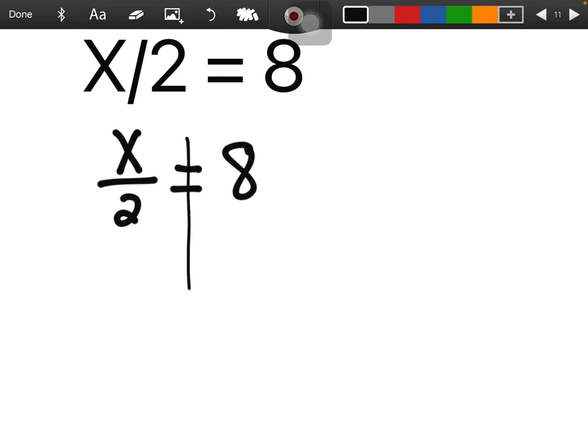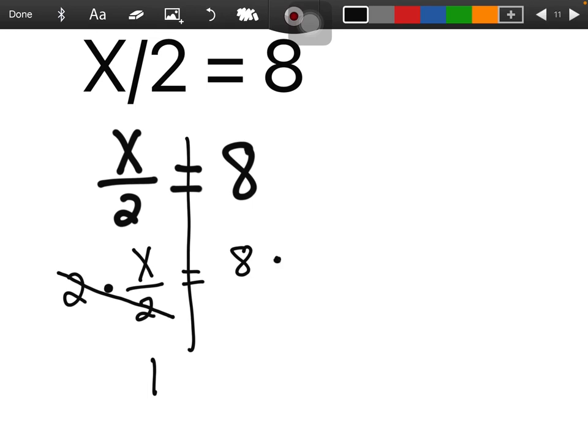So again, draw my line. I've got x over 2. I'm going to multiply by 2. And when I do, that ends up with 1 as well, because 2 divided by 2 is 1. And I've got 8, and I'm going to multiply 8 by 2. And 8 times 2 is 16.